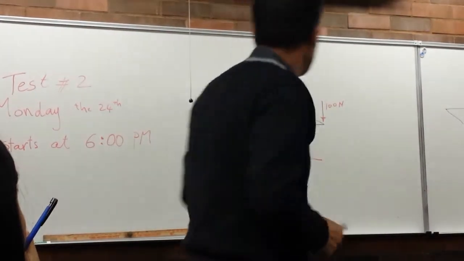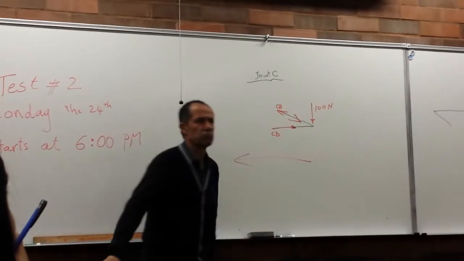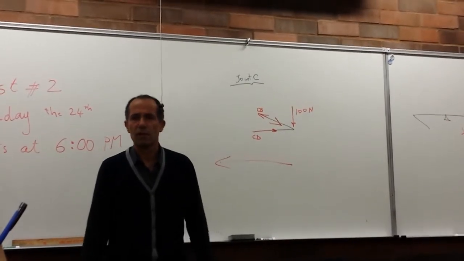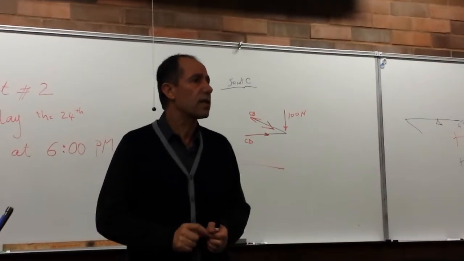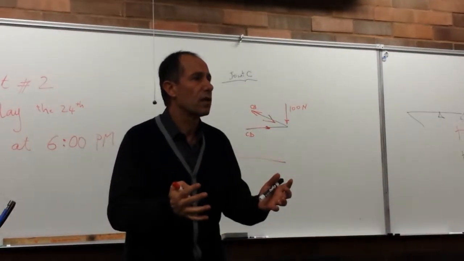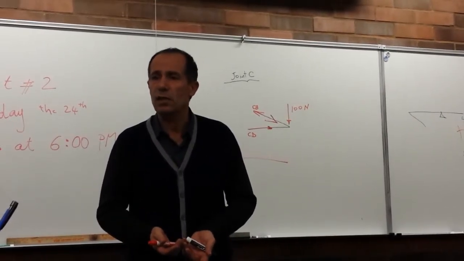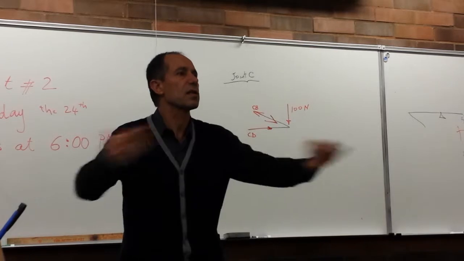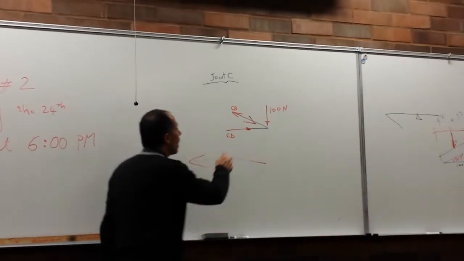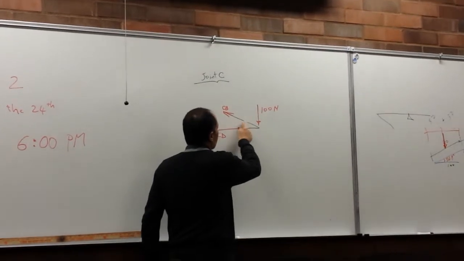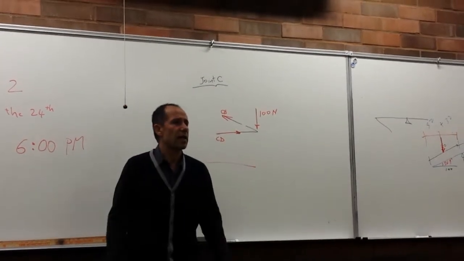Close your eyes and say both of them are this way. I don't care. You will get a negative answer. The magnitude of any vector is always positive. So what is the negative and positive? Opposite direction. So no worries. If I am trying to make your life easier, if you do this logic, you get direct answers.